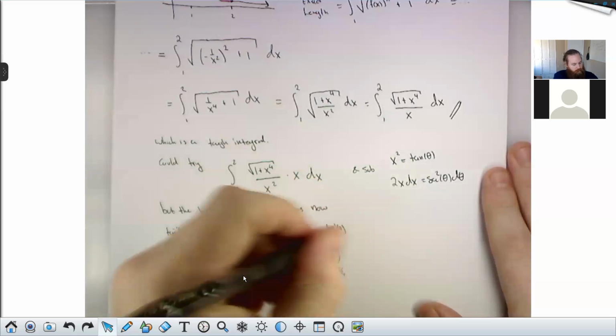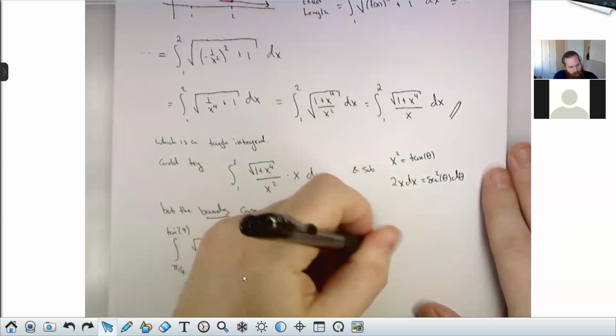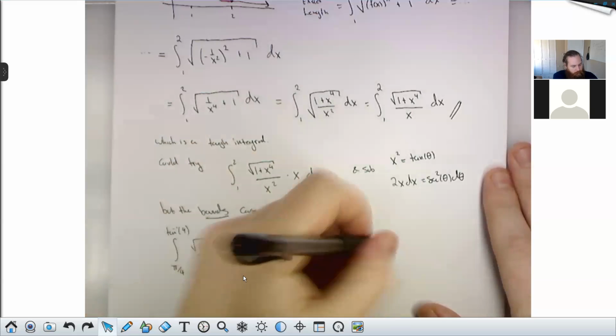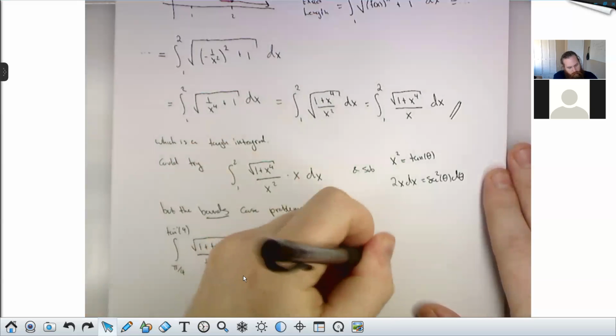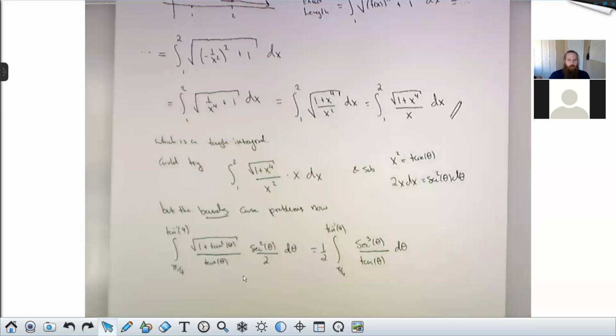Secant times secant squared is secant cubed theta. And then downstairs here we have our tan theta. I'm not saying this is impossible, but I think it's pretty tricky. Secant cubed is 1 over cos all cubed, and then dividing by tangent, that's the same as multiplying by cosine over sine.